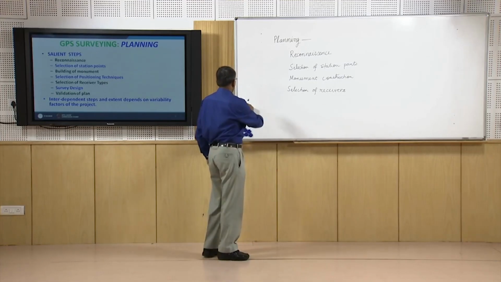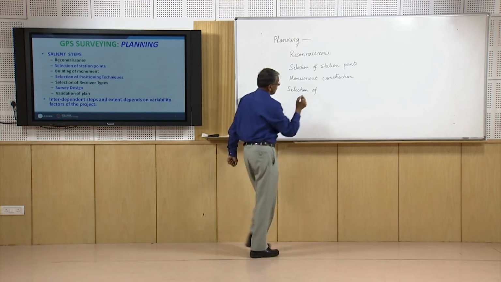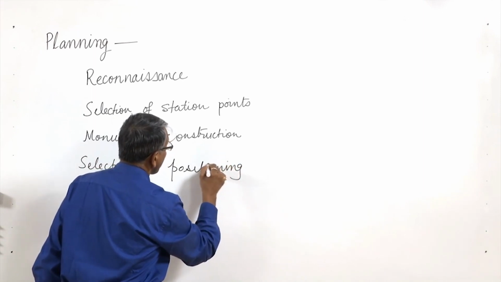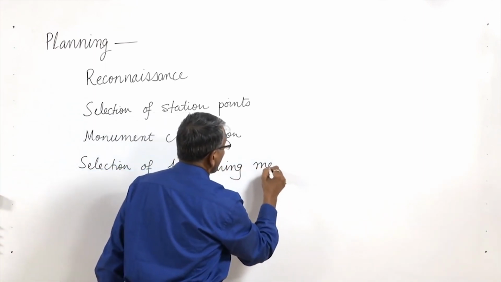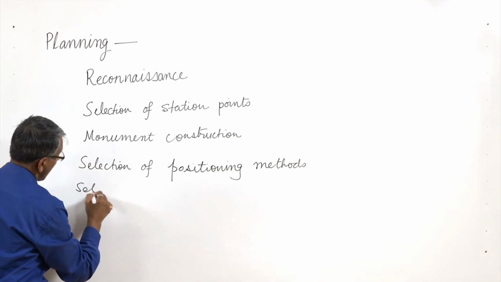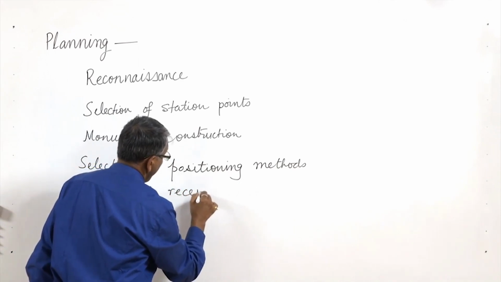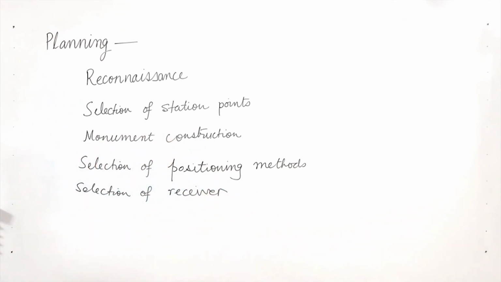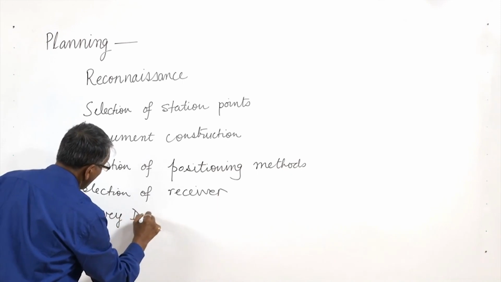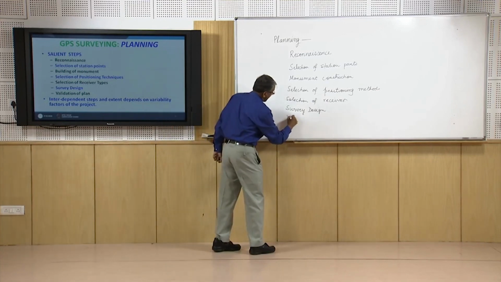Of course, before receiver we should look for selection of positioning methods, then we should go for selection of receiver, then we should design the survey, and finally we have to validate our planning.